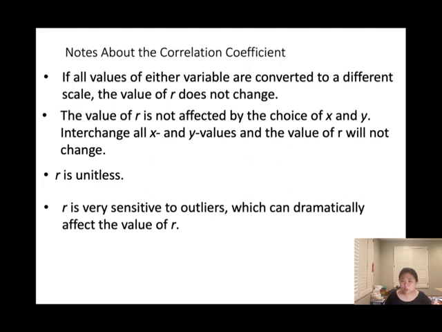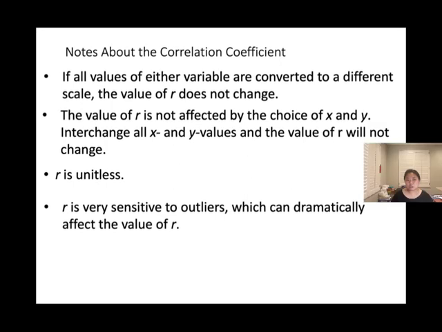Okay, if there's an outlier, it may affect the association because the outlier makes the R really small, and then you may draw the conclusion that this is a weak association. Okay, so it's better every time you construct the scatter plot, look at it for outliers. If they do have outliers, you may want to remove the outliers and calculate the R. And then you're gonna draw the conclusion.